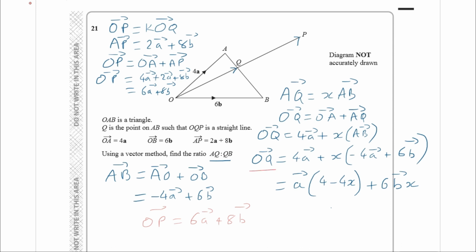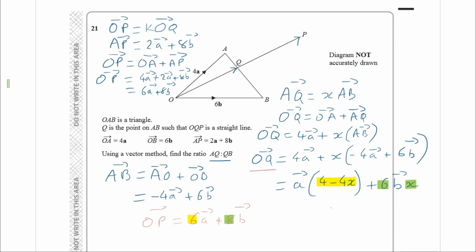If you think about these two as multiples of each other, the 4 minus 4x should be equal to, so I'll equate the quantities for you, the 4 minus 4x will be equal to the 6 here because they're going in the A direction. And if you think about the vectors which are moving in the B direction, the 6x here will be equal to 8.